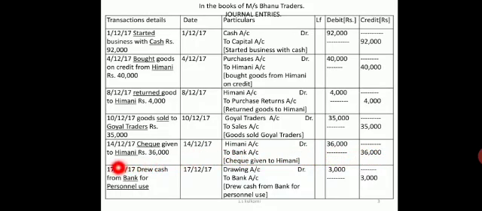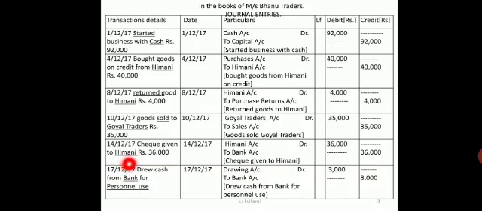Next one, on 17th, drew cash from bank for personal use. Now when I say personal use, that means you are having certain withdrawal for private purpose. So when private purpose is done, you are having drawings account. Whenever the word private, personal comes, you should say it is drawings account or represents drawings account. So drawings account is again capital account. So whenever there is reduction in capital, it is to be debited.